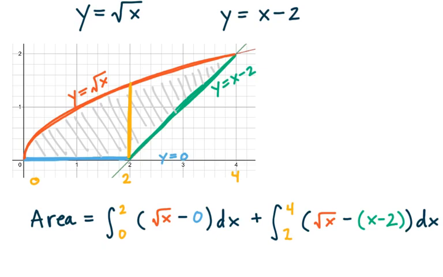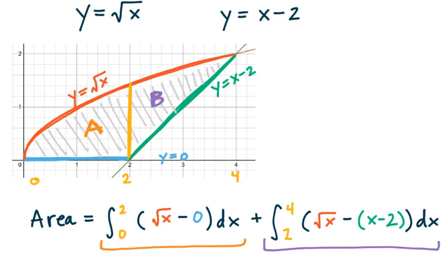And so just to re-emphasize, this first integral represents the area of a region we might call A, and the second integral represents the area of this region B. All right?